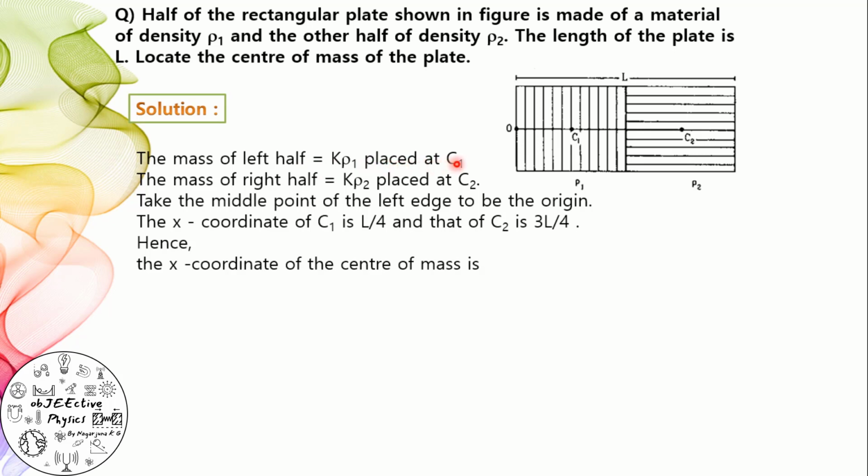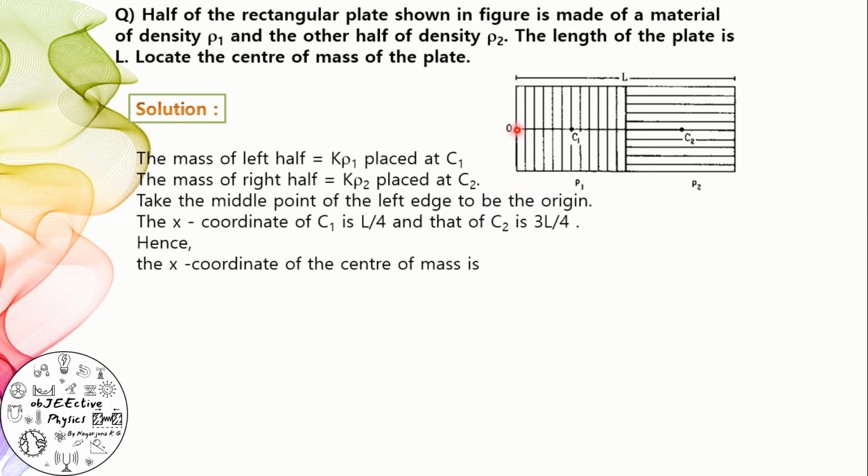It is located at C1 because C1 is the center of mass of the left half. Similarly, the mass of the right half is equal to K into ρ2. It is located at C2 because C2 is the center of mass of the right half. Take the middle point of the left edge to be the origin. Observe the diagram.